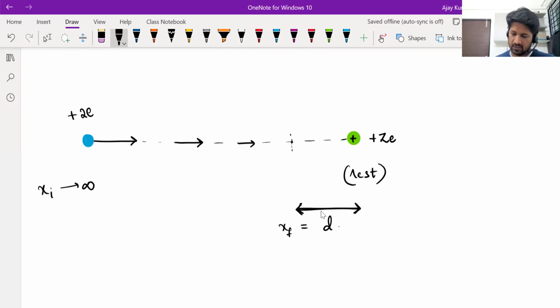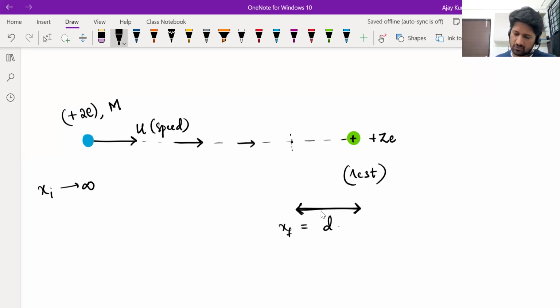Now, you should be able to calculate that closest distance, the shortest distance of approach between an alpha particle and the nucleus. Now, let's say alpha particle's charge is 2e and assume its mass is capital M. Fine, it has 2 protons, 2 neutrons. You can tell how much its mass is also, but let's assume it is capital M. And let's say it is projected towards the nucleus with a speed u, from a very large distance.